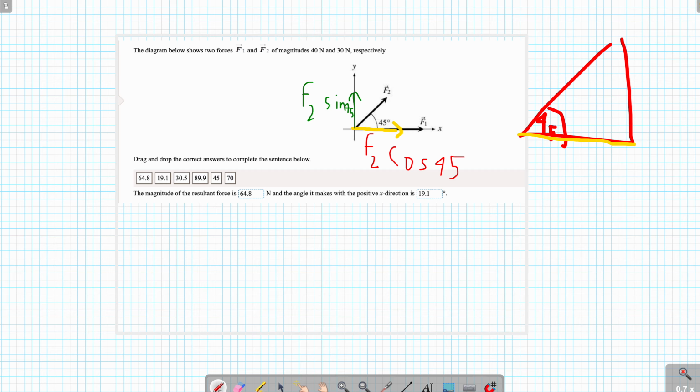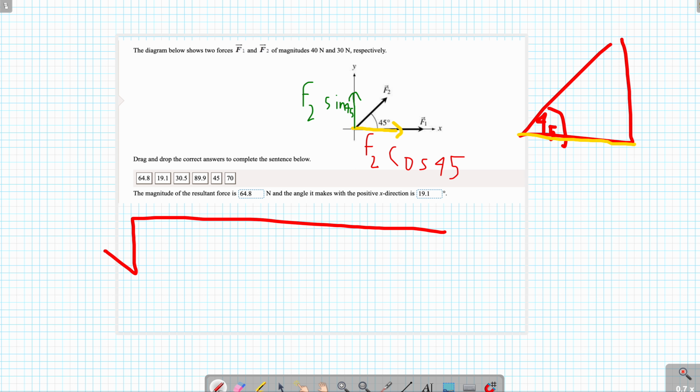Now guys, if you remember vectors from the start of the year, how did we used to find the magnitude? We would do radical x component squared plus y component squared. So what is the x component?